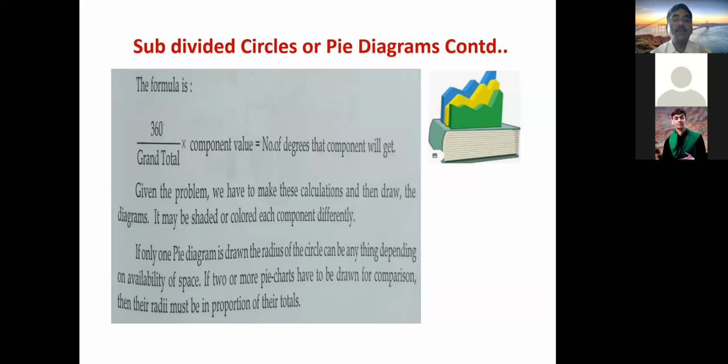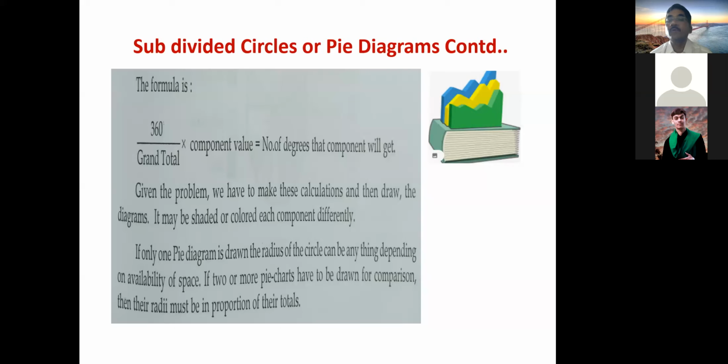Next, in the given problem, we have to make these calculations and then draw the diagrams. It may be shaded or colored, each component differently. For identification purpose, you can give colors for the sectors, for the segments or for the components.